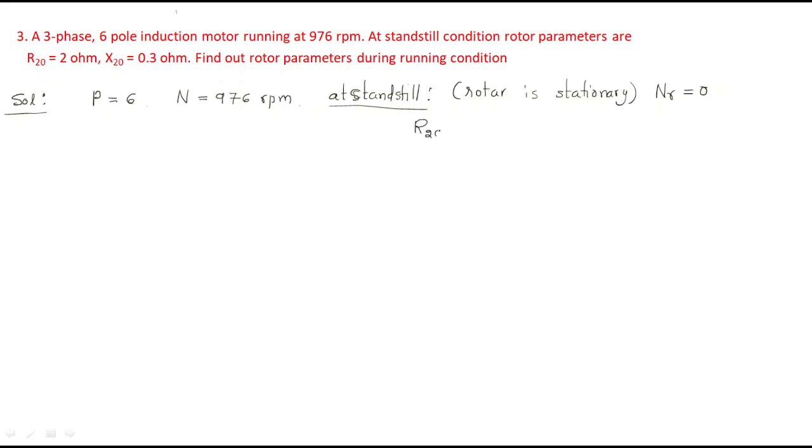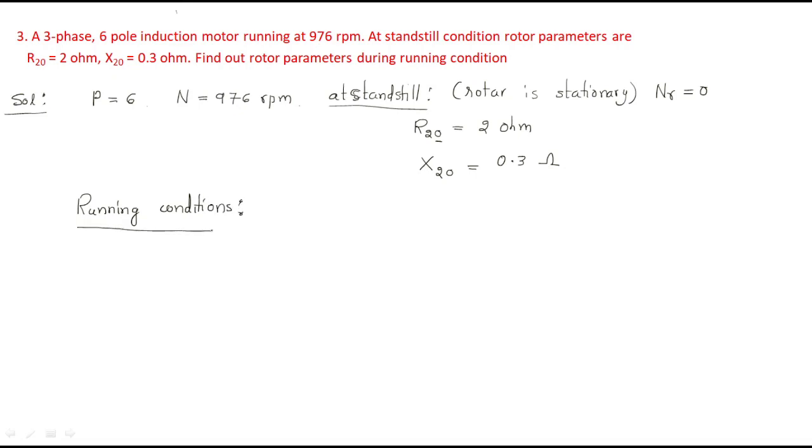One is rotor resistance: R2 naught, where 2 means rotor parameter and R means resistance, is 2 ohms. Second, X2 naught, the rotor reactance, equals 0.3 ohm. He is asking to find out the running condition. At running condition, what are the changes in parameters?